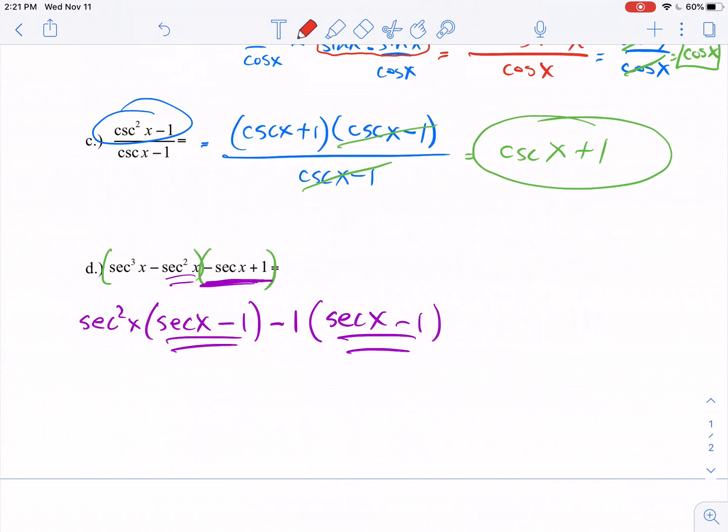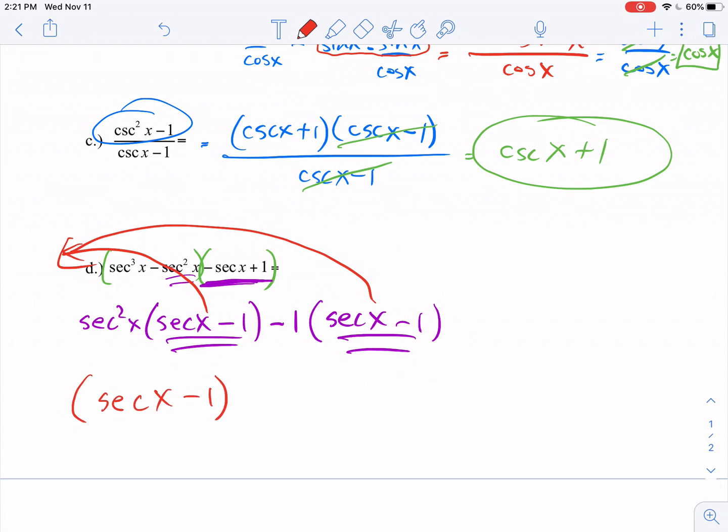So what I'm going to do is factor that out to the front. Now I don't bring both of them, it's just factoring it out. Since both terms have it, like this is AB, CB, so I'm just bringing the B out front. What would be behind here now is these two things. So that's secant squared of x minus 1.